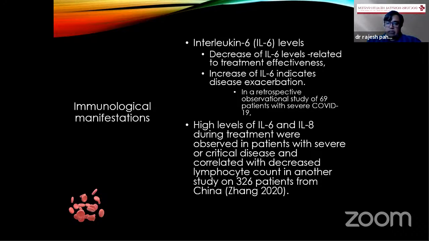High levels of IL-6 and IL-8 during treatment were observed in patients with severe and critical disease, and were correlated with decreased lymphocyte count in about 326 patients, as described by Zhang et al.